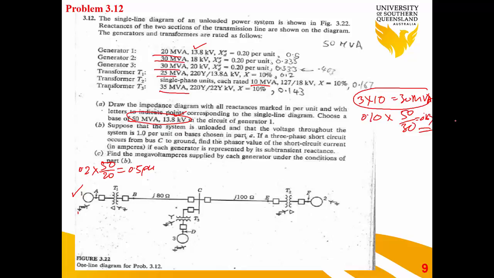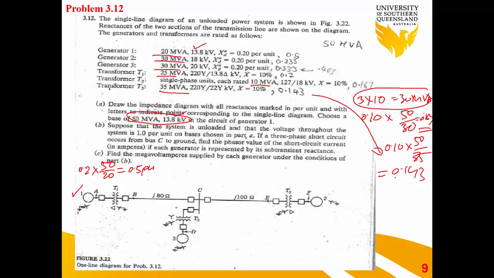The same. So this one will get 0.10 times 50 by 35. All right? Is it okay?